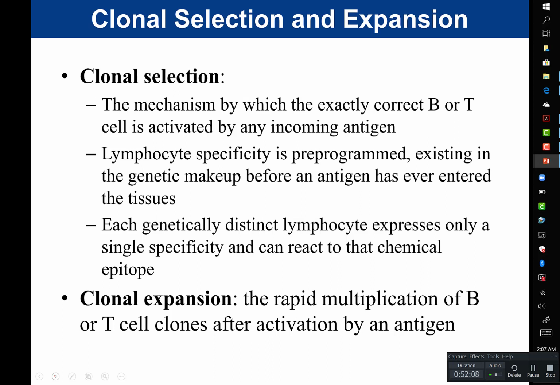When that lymphocyte binds to its antigen, it's going to be stimulated to proliferate, to divide. That's our clonal expansion. That's what leads to those clones that all have the same receptor for that particular antigen.